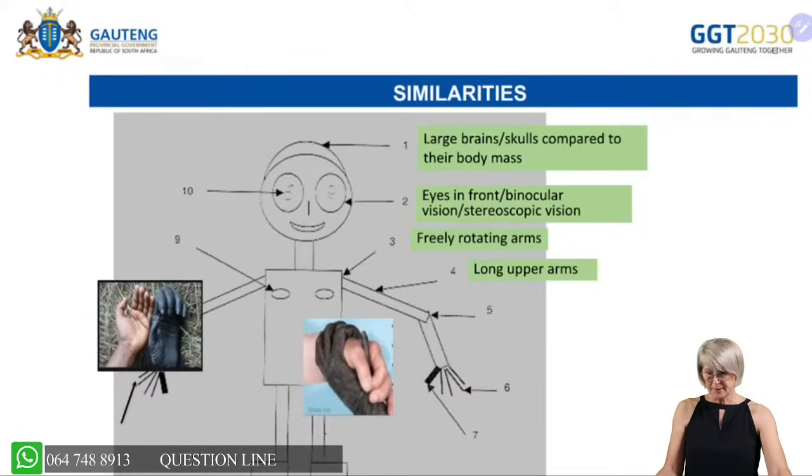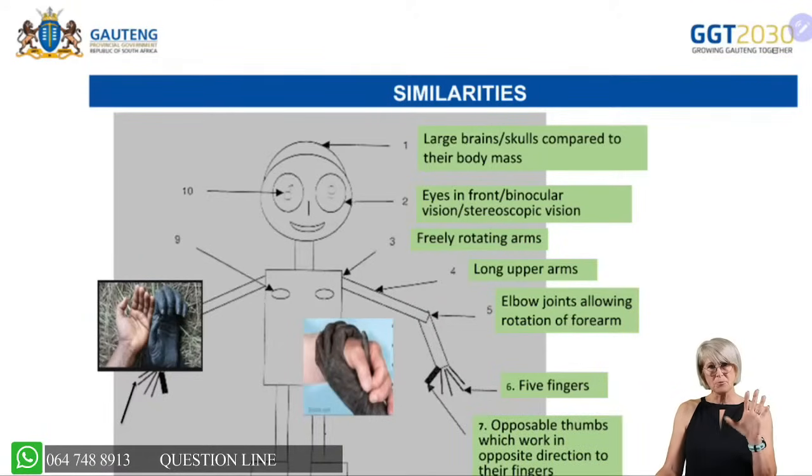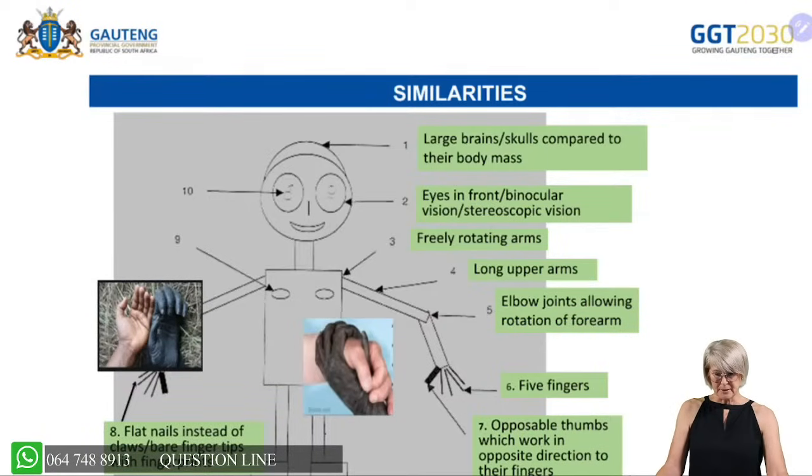All right. Then we have elbows that rotate freely. Okay, and they can rotate the forearm. We have 5 fingers, and one of the 5 fingers on our hand would be your opposable thumb, and as you can see, it's opposite, and it allows us to grip or to handle things. And then another similarity, also still on the hand, is the fact that we have flat nails, we don't have claws. Okay, so that's a similarity.